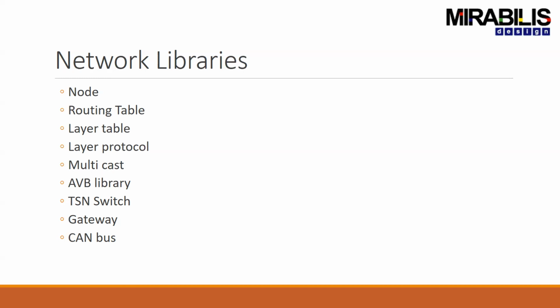The layer protocol will be placed in place of each layer, like the physical layer, MAC layer, and transportation layer. Everything will be configured using the layer protocol, and the user can define whether it is TCP or UDP, and they can construct the entire network design.